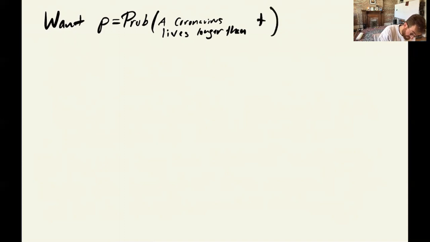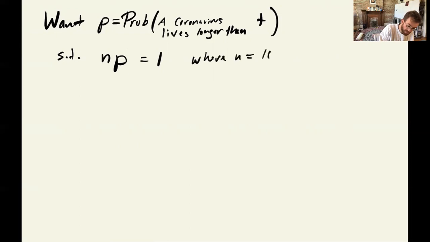We want this p to be such that when I multiply this out, this probability across each instance here, because I'm looking at basically a bunch of independent coronaviruses, I want this NP to equal 1, where N is 1,024.